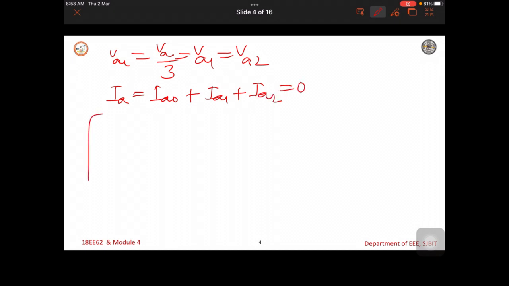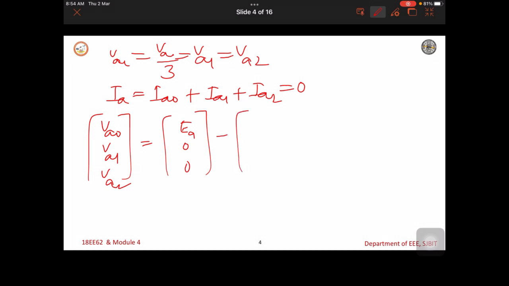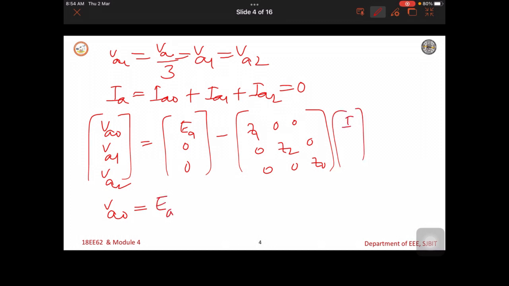From the sequence networks of the generator, it can be written as Va0, Va1, Va2 is equal to 0, Ea, 0 minus the matrix Z0, 0, 0; 0, Z1, 0; 0, 0, Z2 into the currents IA0, IA1 and IA2.